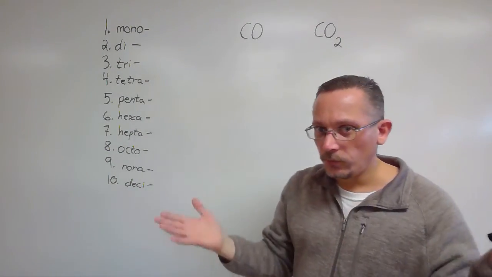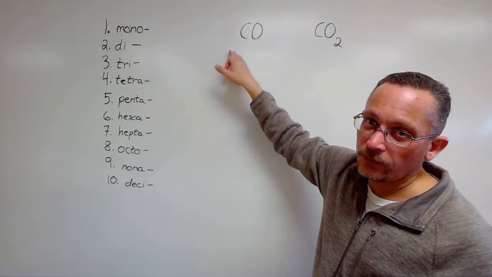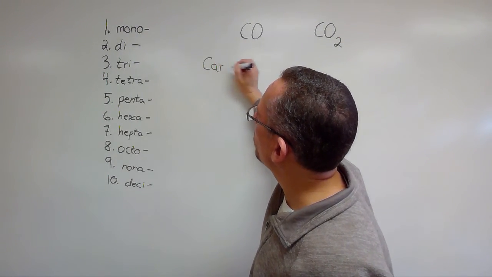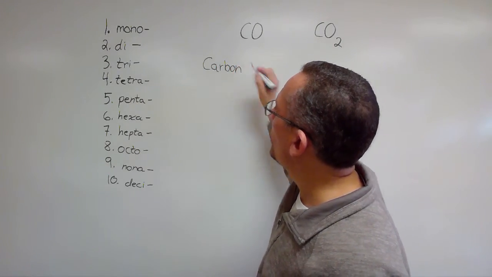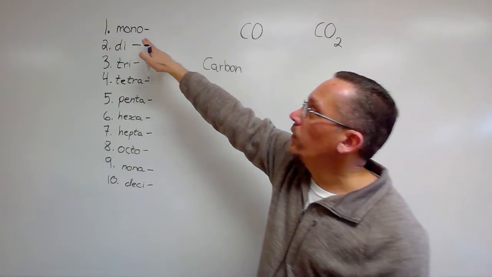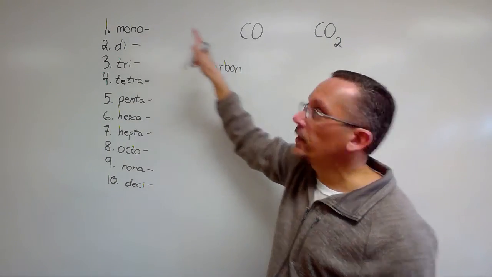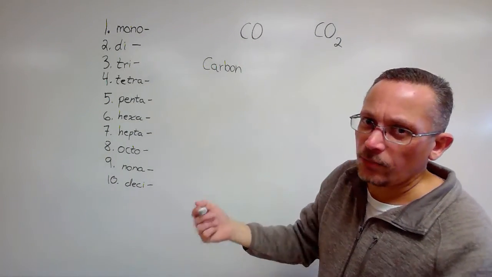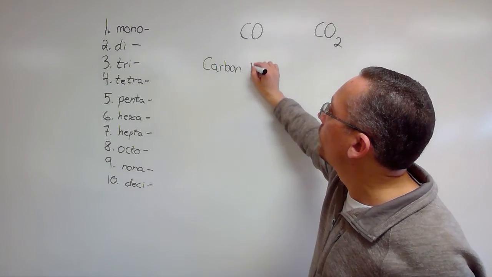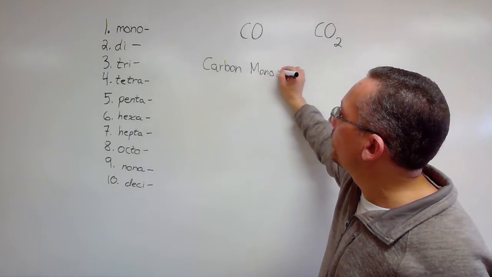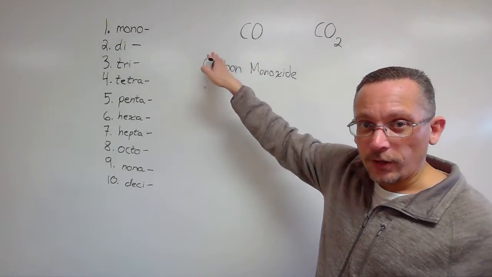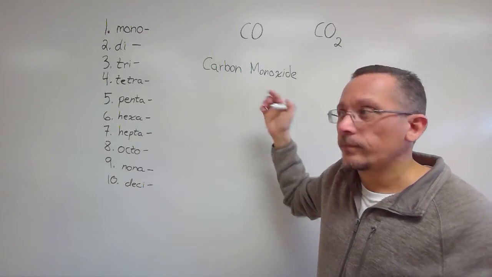But like I said, weird thing, we don't use mono in the first word. So I would call this carbon and then monoxide. Oftentimes when we have an O at the end and an O at the beginning, we just drop one of the O's. So instead of saying monooxide, we'll say monoxide. So that one there is carbon monoxide, right?